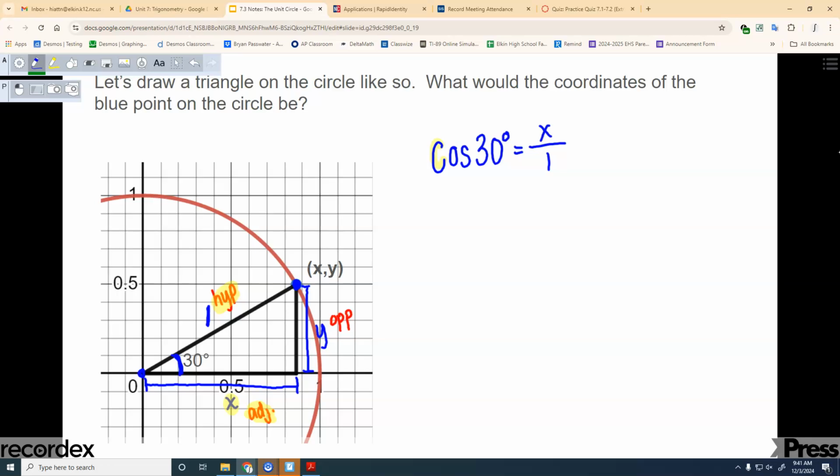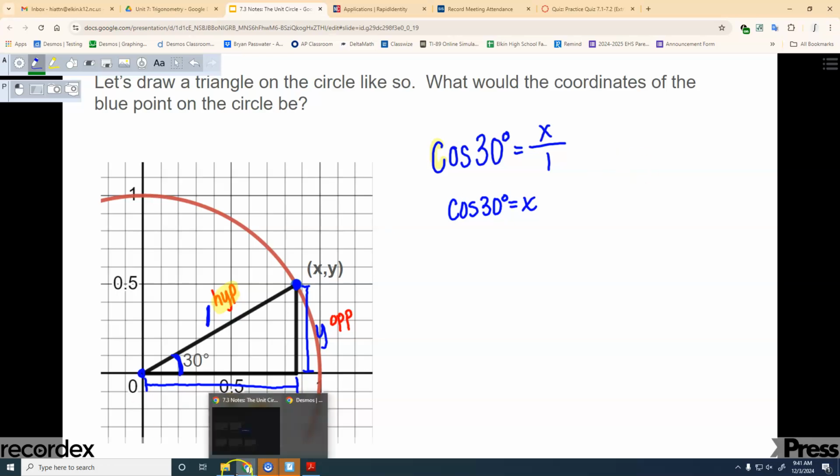Now, technically, I could just multiply both sides by 1 here. Hypotenuse will always be the radius for these problems, yeah. So really, cosine of 30 degrees just equals x.